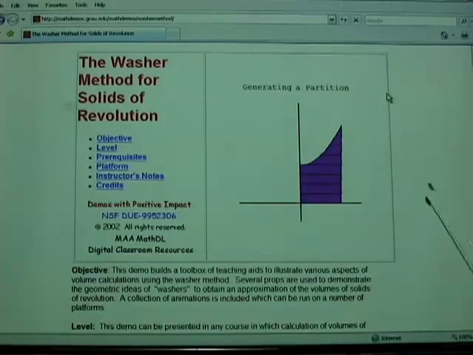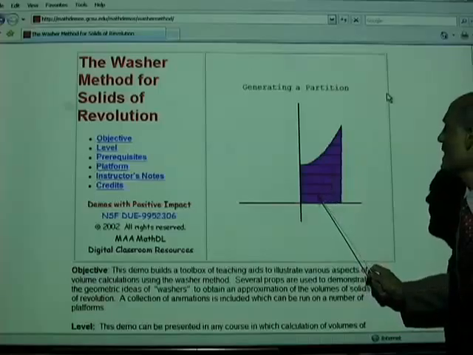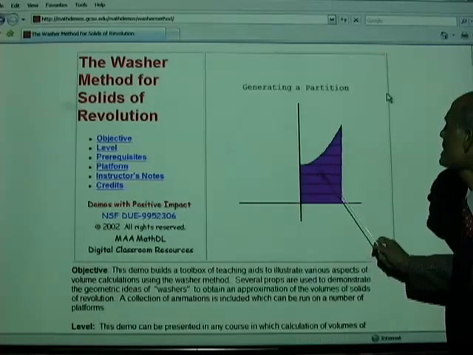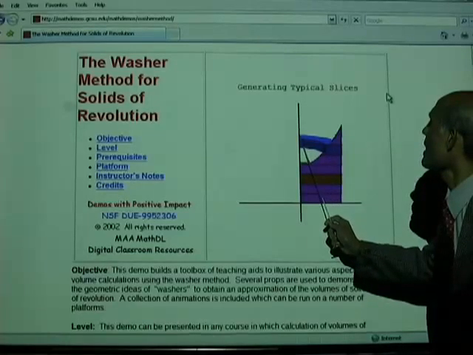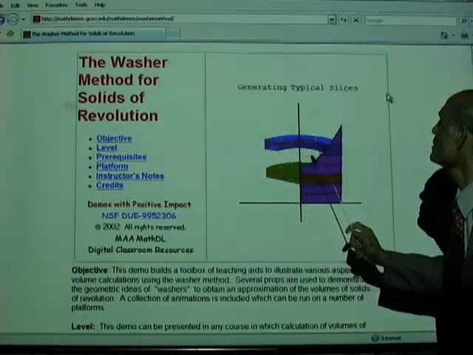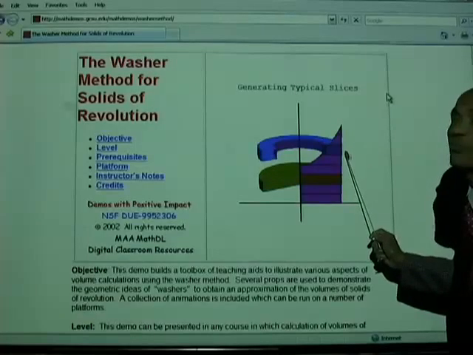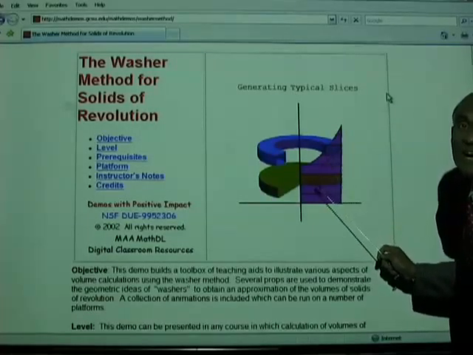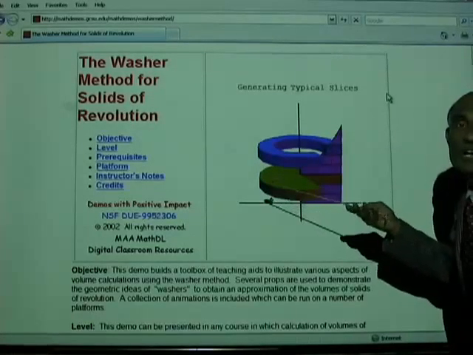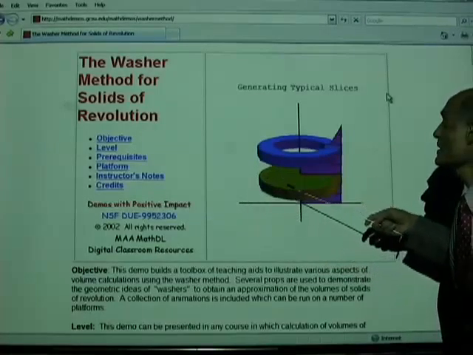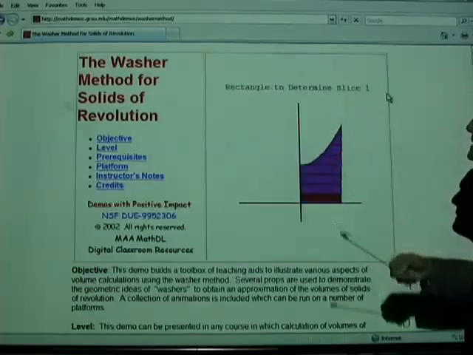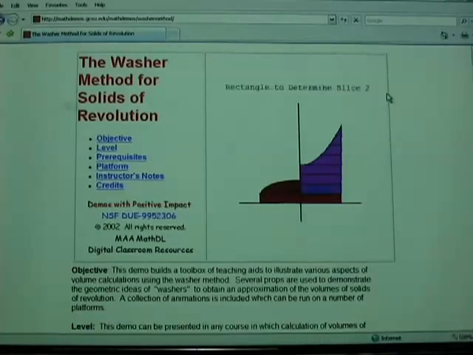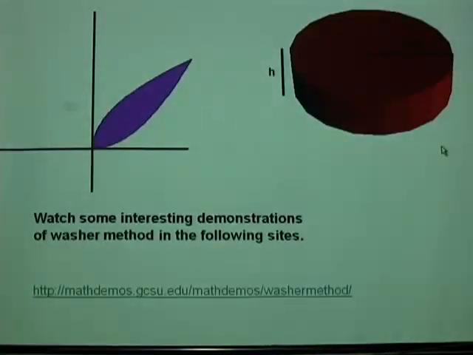Alright, let's look at that just one more time. How the whole area is divided into dAs, and just one of such dAs is revolved to generate one dV. And there are many such dVs, and you have the total volume added to give the complete volume. Alright, let's get out of this and continue with our discussion.